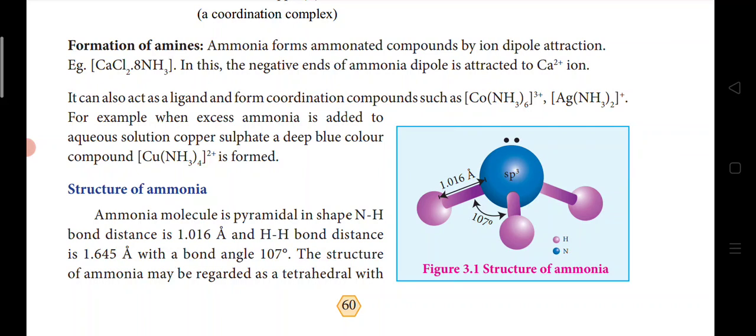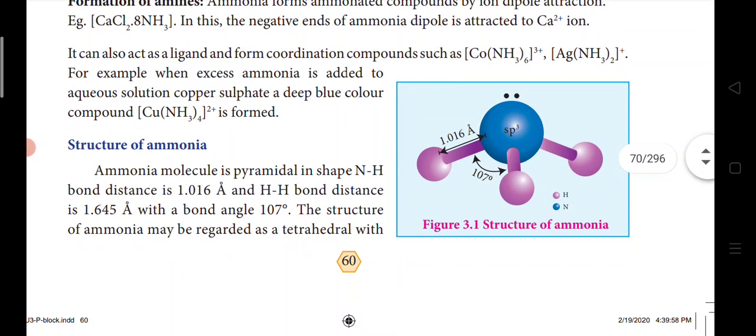Calcium 2+ is attracted towards the negative end of the ammonia. It can also act as a ligand to form coordination compounds like tetraammine cobalt and diammine silver.